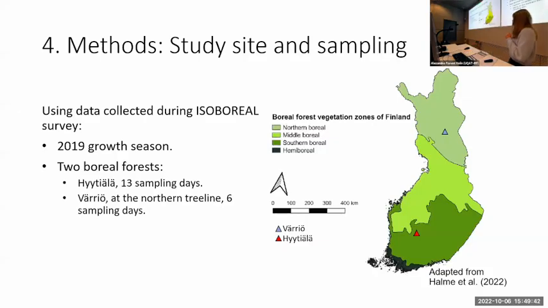Yes, so for the methods, we used 2 study sites in Finland using an ERC project, boreal, and it was during the 2019 growth season. And one sampling site, the lower sampling site, was Hyytiälä in the southern boreal zone, and then the northern boreal site was Värriö, which is at the northern tree line.